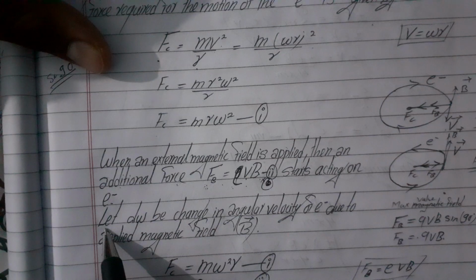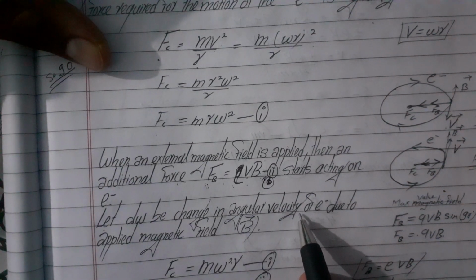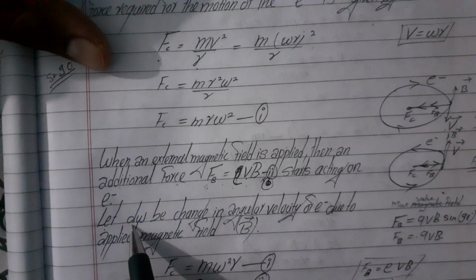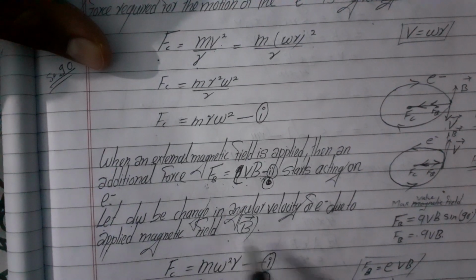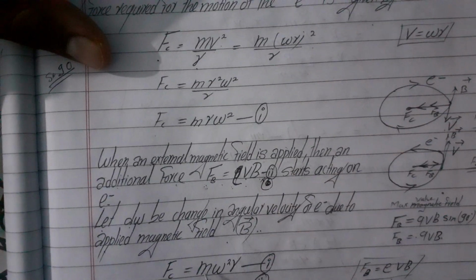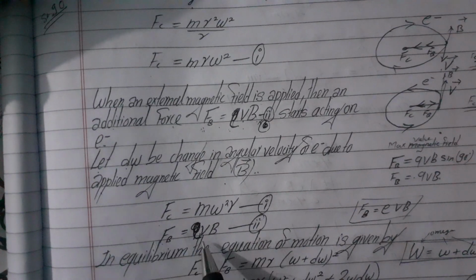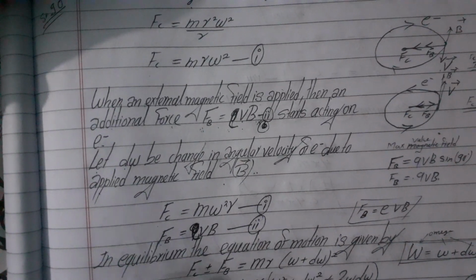Then let d omega be the change in angular velocity of the electron due to the applied magnetic field B. Then Fc is equal to m omega square r, and Fb is equal to evB.